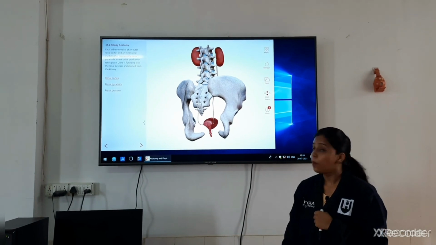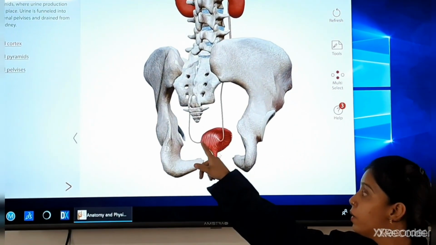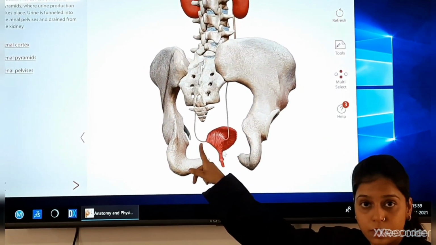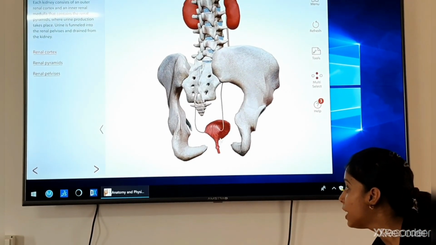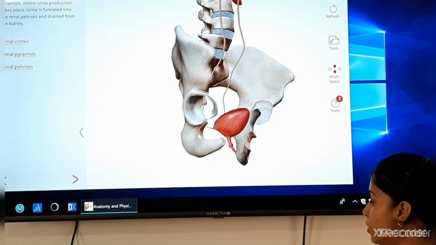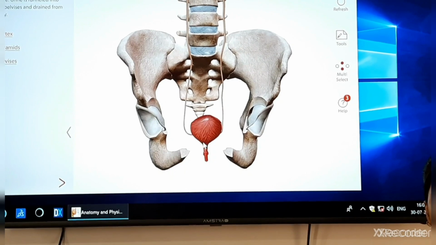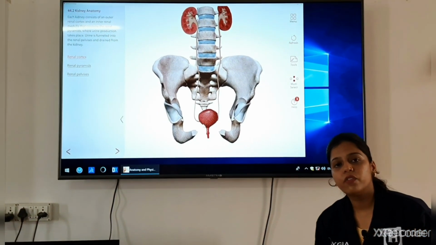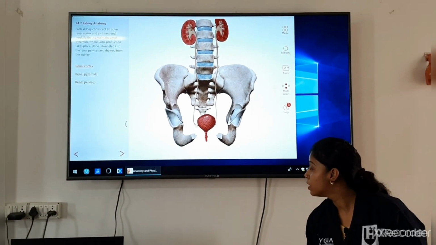The openings that are present posterior to the urinary bladder are referred to as ureteric orifices, okay, and the opening that is present anterior, that is front, to this urinary bladder is referred to as the urethral opening, okay. So openings are just named by the position of the structure.